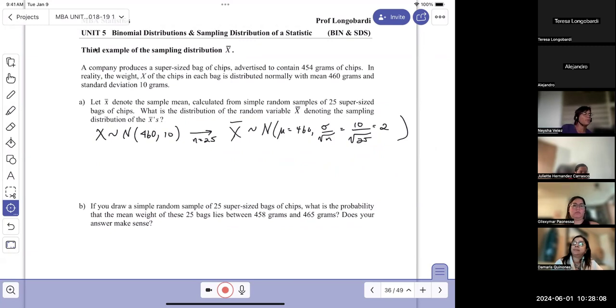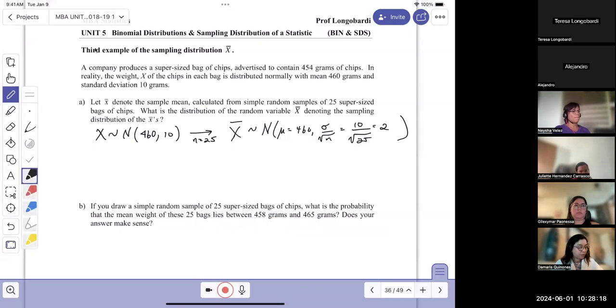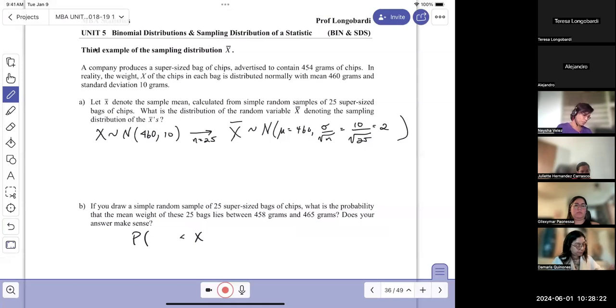Okay, if you draw a simple random sample of 25 supersized bags of chips, what is the probability that the mean weight of the 25 bags is between 458 and 465? So we're going to write the question that x bar is between 458 and 465.